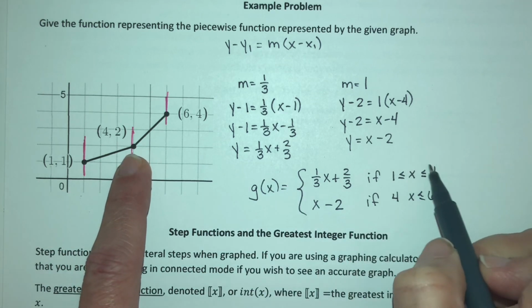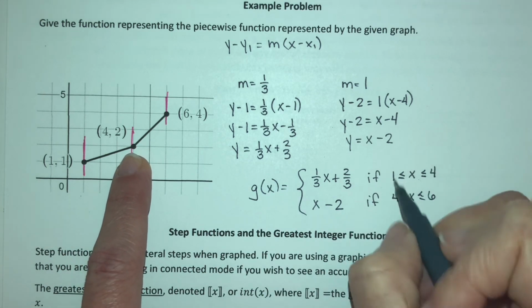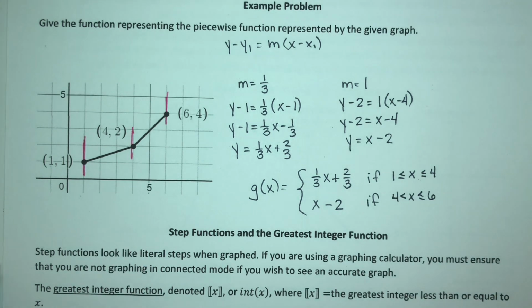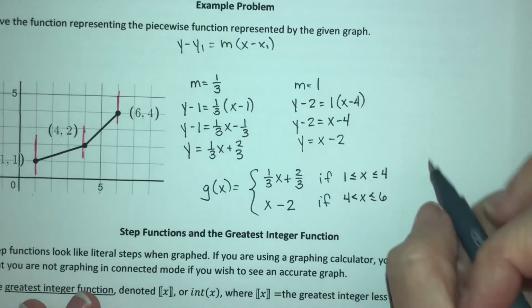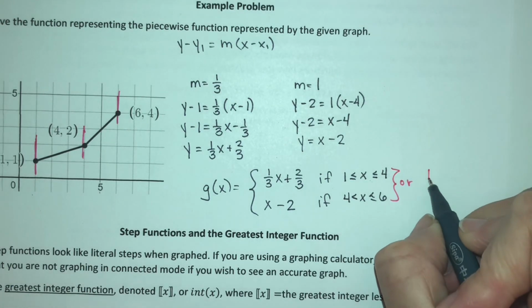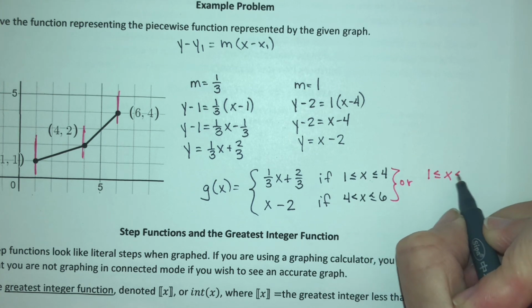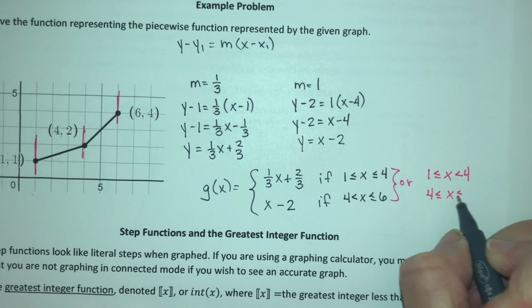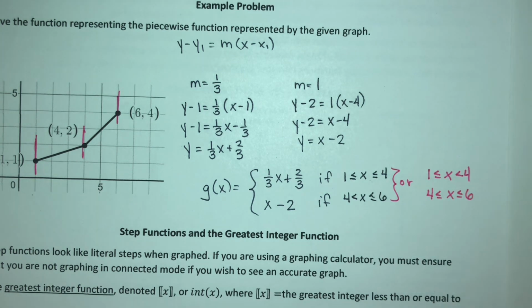So since I put an equal to here, I want to use just a less than here. Okay, but that said, I could have done this instead. These are equivalent and both good answers.